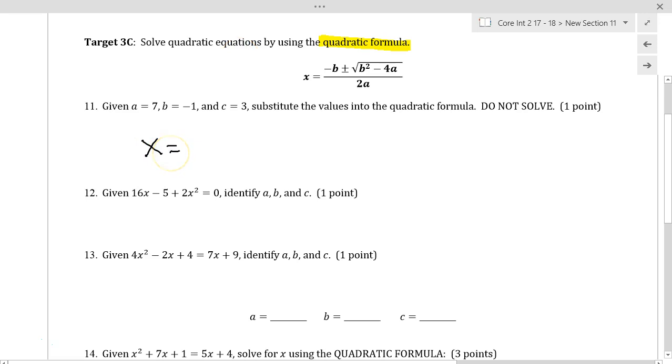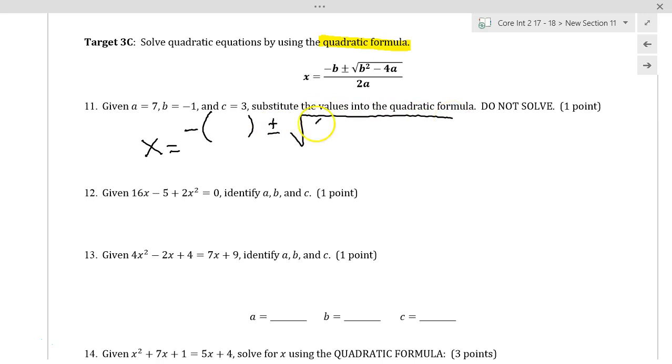X equals negative, instead of putting B in, I'm going to put those parentheses, plus or minus the square root of. Instead of B, we're going to put parentheses, minus 4AC. Make sure it's minus 4AC, or else we don't have the right formula. Minus 4, A needs parentheses, and C needs parentheses.